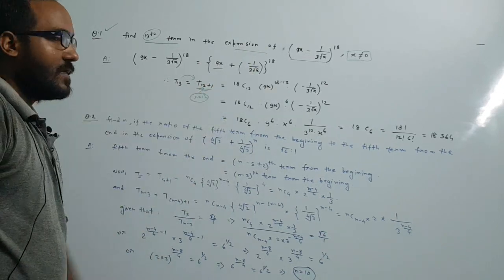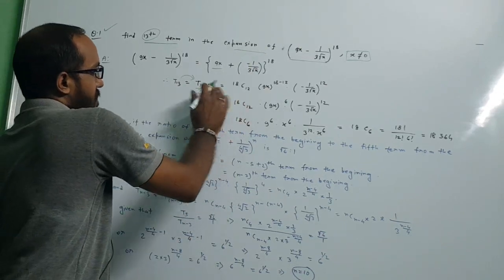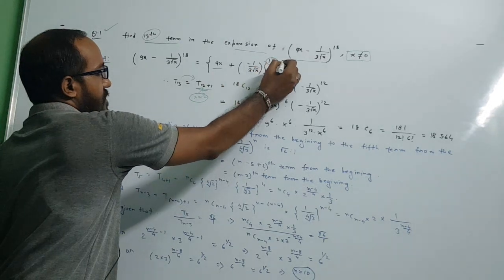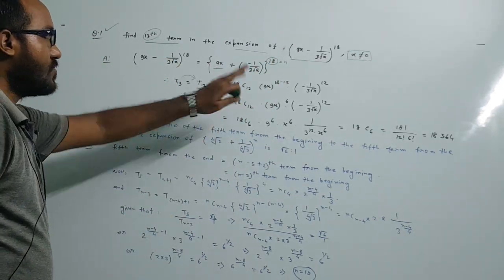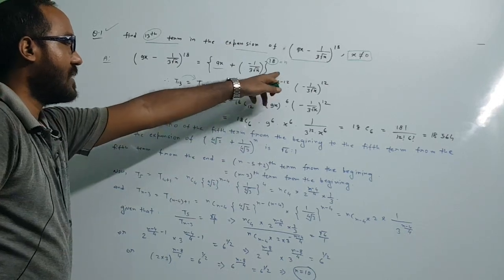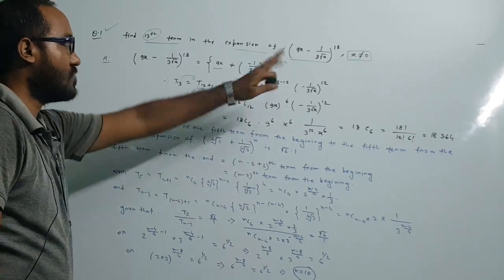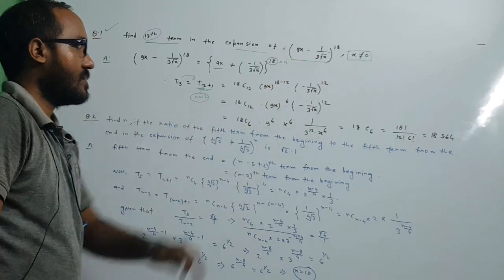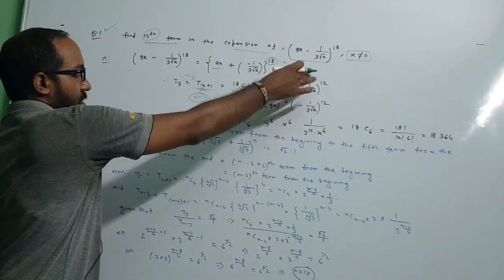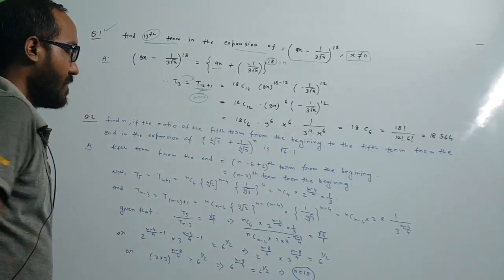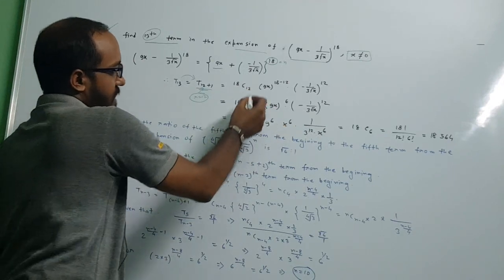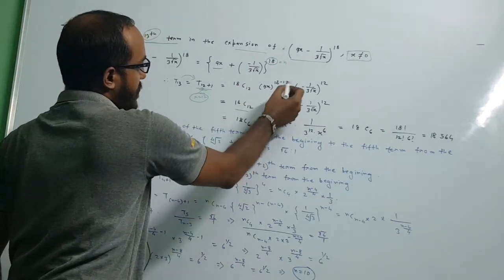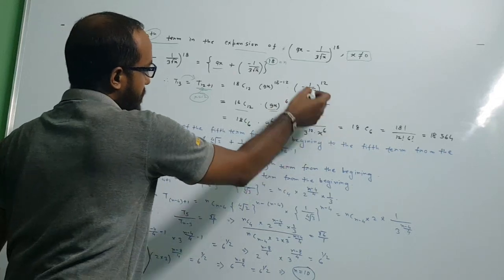So now apply the formula. nCr, that is n is 18, so 18C12, x to the power n minus r, that is 18 minus 12, into a to the power r, that is minus 1 by 3 root x to the power 12. Now see, 18C12, keep this as it is. Now 9x to the power 6 and this, keep as it is.